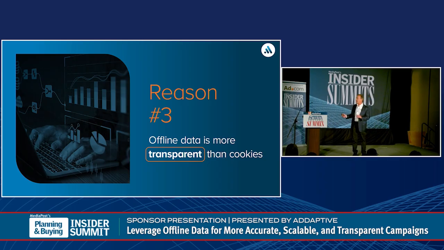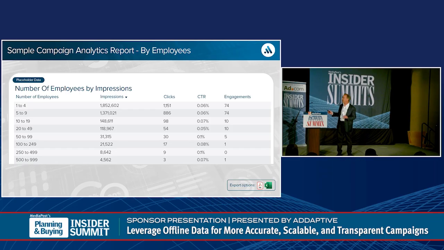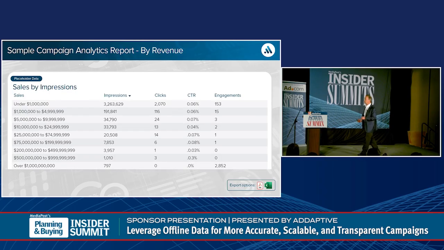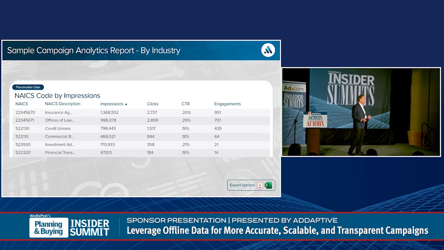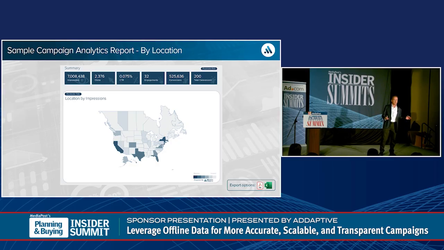For B2B campaigns, we make it really easy for you to see which firmographic categories are driving performance for your campaigns because we will show you impressions, clicks and conversions by number of employees, by annual sales, by industry. We will plot performance of your campaigns out across a heat map so you can see which parts of the country are performing better than others.